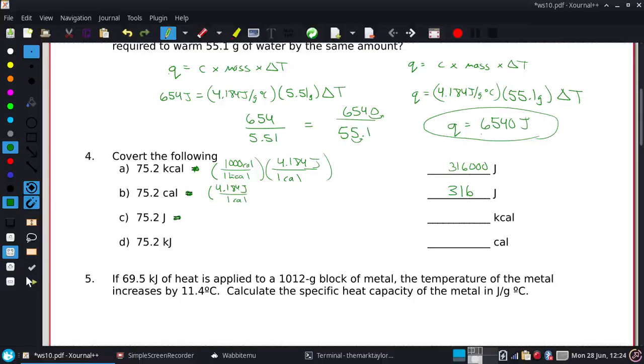All right, the next one wants to go from joules to kilocalories. That's kind of undoing what we did up at the top. So we would start by dividing by the 4.184, and then we need to turn our calories into kilocalories.